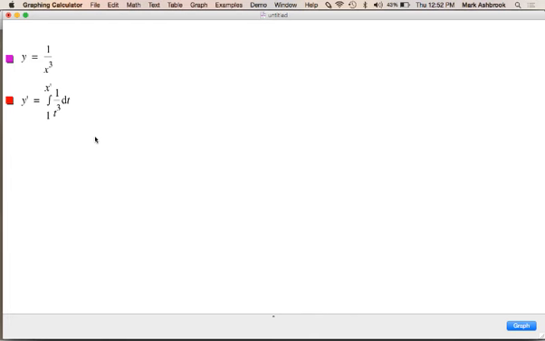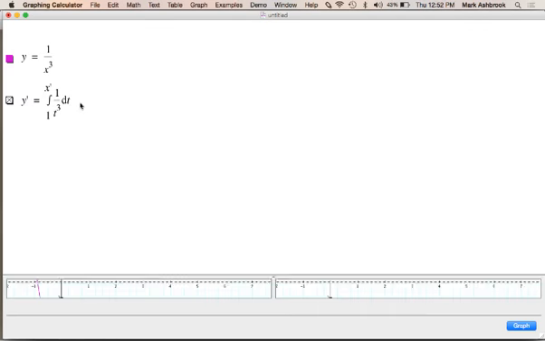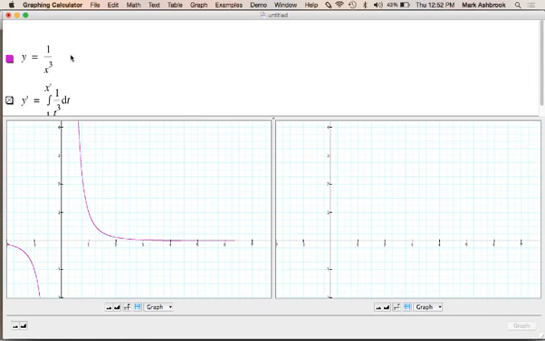And so what will I see? What am I going to see? So let's turn that off. We'll just graph the first one. And we just want to do that for x greater than 1.